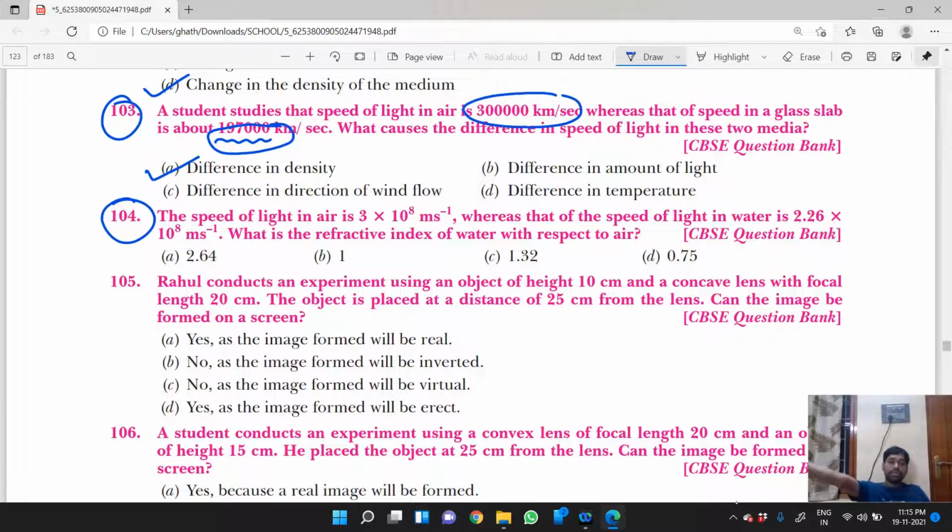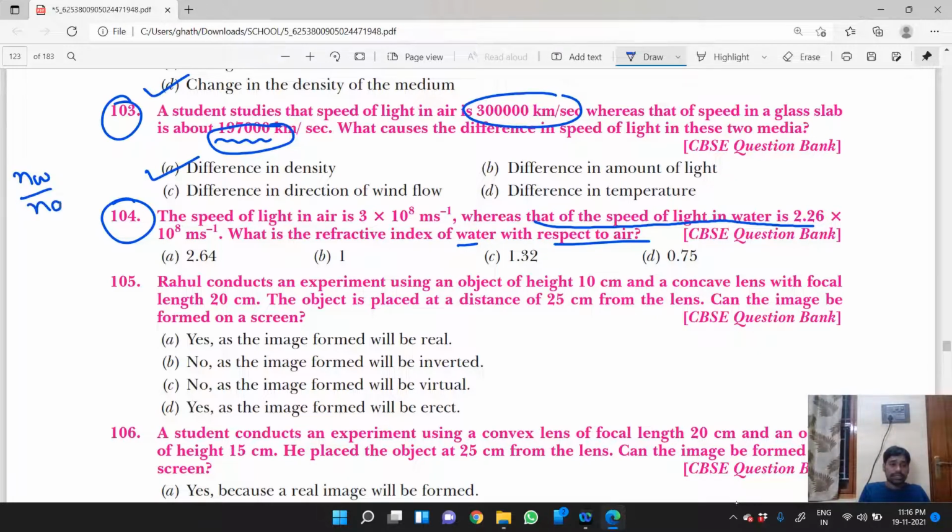Next, the speed of light in air is 3 into 10 to the power of 8 meters per second, whereas the speed of light in water is given. What is the refractive index of water with respect to air? This is also an expected question. So they are asking the refractive index of water with respect to air.